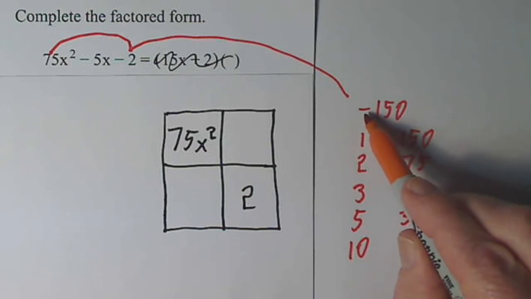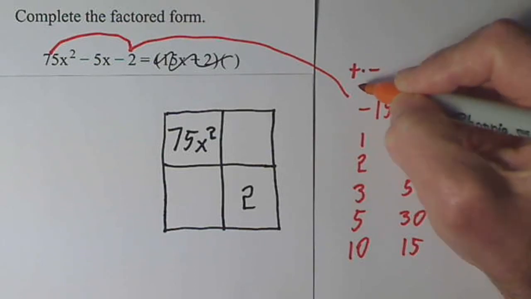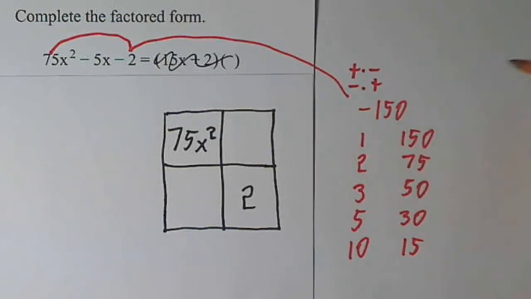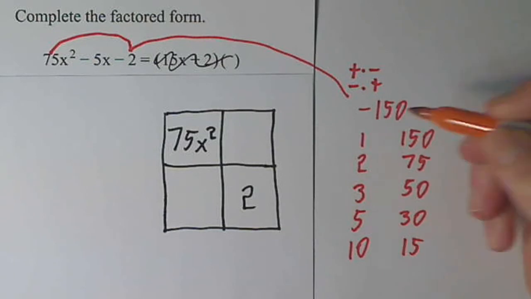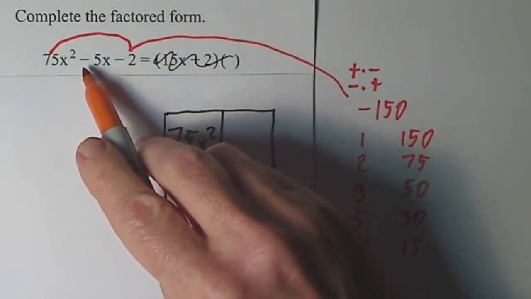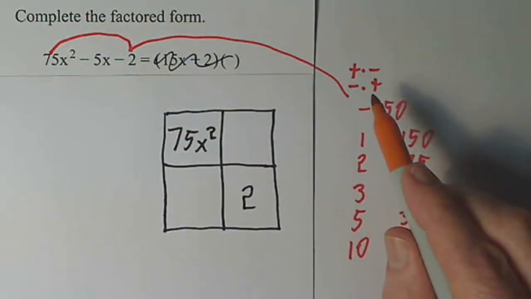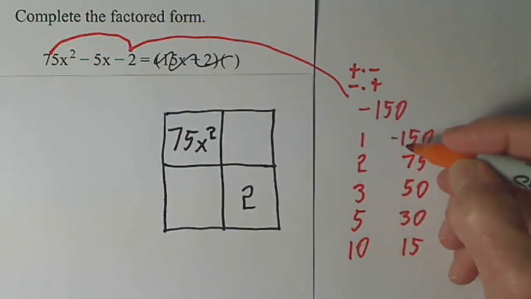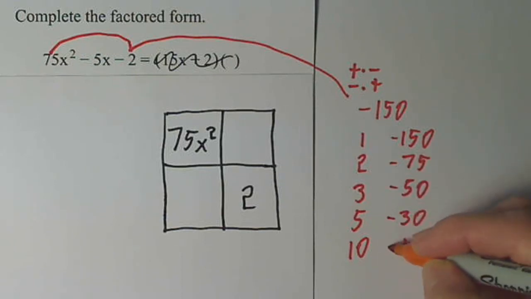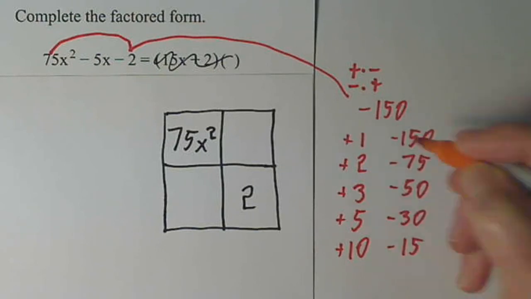For this to be negative, that's the result of multiplication. That means we had to have positive times negative or negative times positive. It's the only way to get a negative sign multiplying. If we want to get a negative 5x and the signs are different, that means the larger term must be negative and the smaller term must be positive.